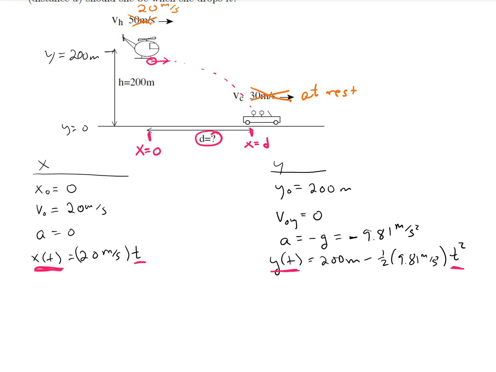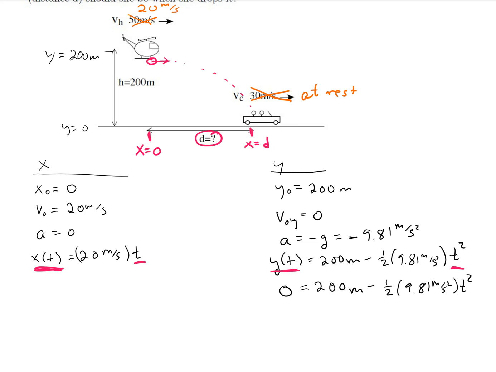That is when the water balloon hits the ground. So the water balloon hits the ground when y is 0. So 0 equals 200 meters minus 1/2 times 9.8 meters per second squared times t squared.